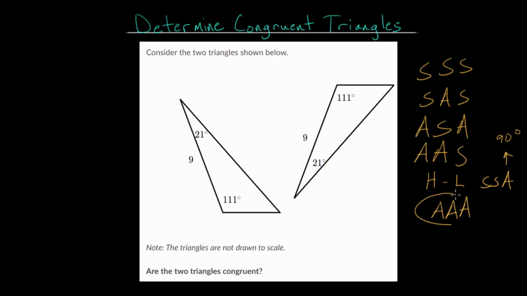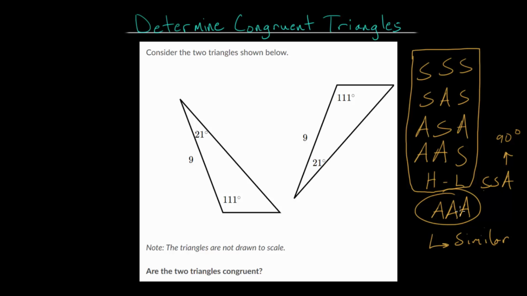So when you have this angle, angle, angle relationship, the triangles are similar, but not necessarily congruent. They can be congruent, but in most cases, they are just similar. They're the same shape, but different sizes. So it's these five that we're concerned with. And if we end up with either of these two other cases, we don't have enough information.